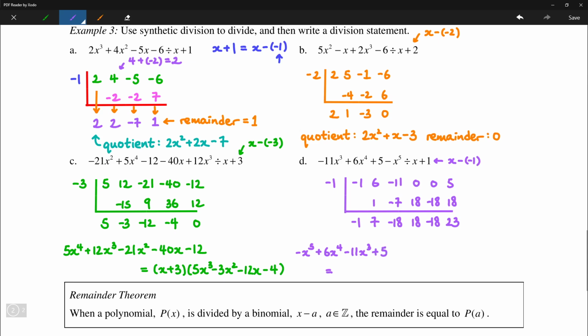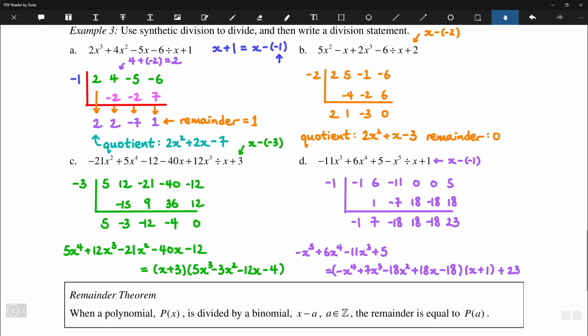And that's going to be equal to negative x to the fourth power plus 7x cubed minus 18x squared plus 18x minus 18. That, of course, is the quotient. It's written in the reverse order just to show us that it works. And then multiply by the divisor of x plus 1. And finally, plus the remainder of 23 in this case.